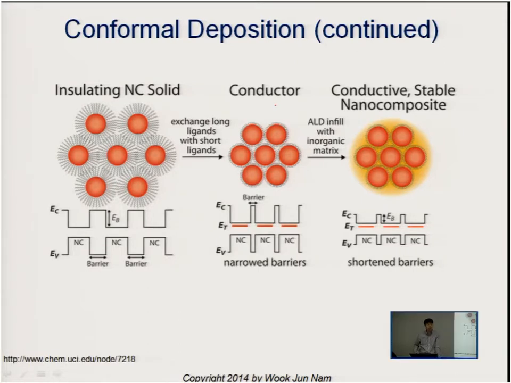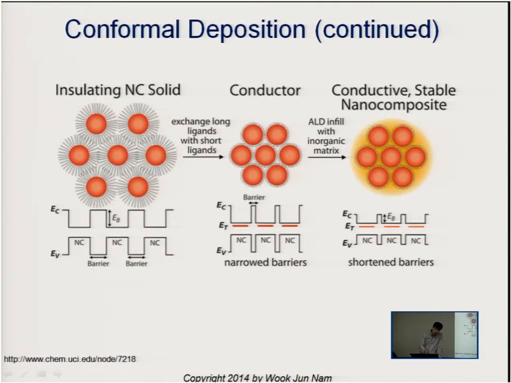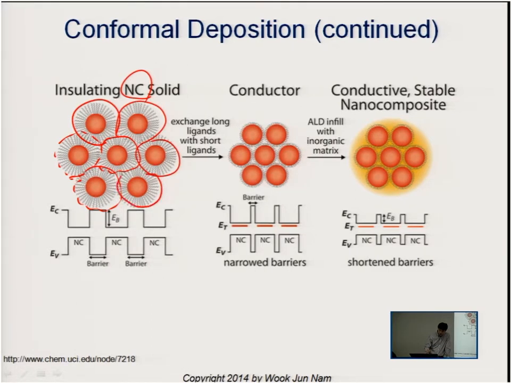So this is one example. Somebody else is making a nanocrystalline solar cell using quantum dots. Those quantum dots have an organic layer coated on them, so they do not aggregate as they are dispersed in a solvent.